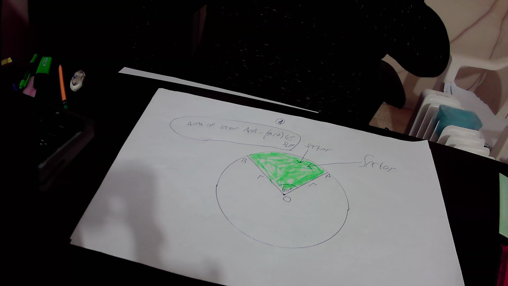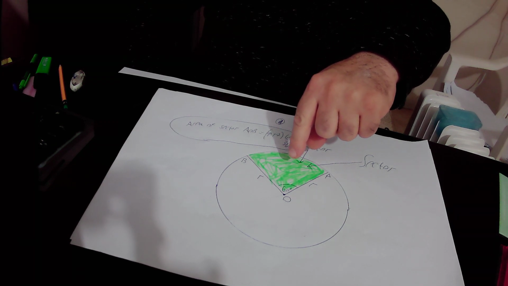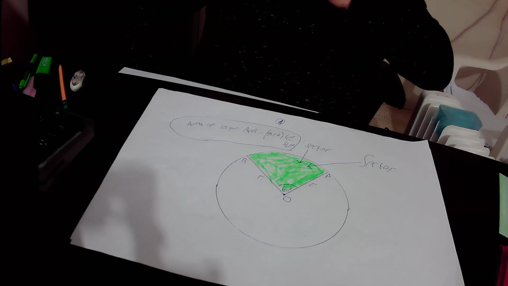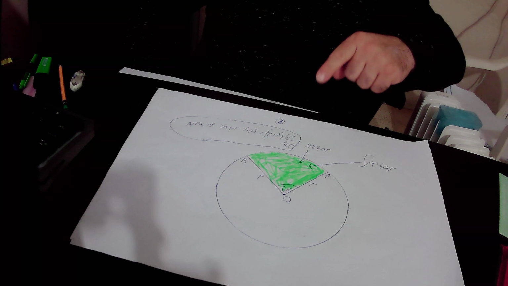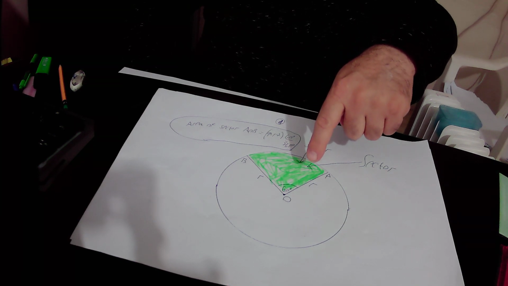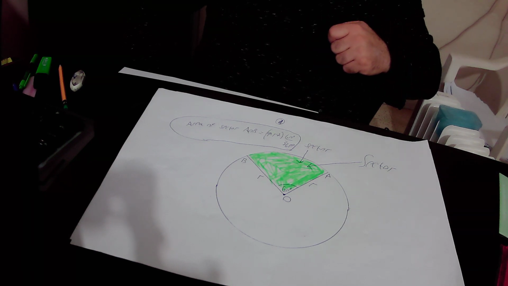and the formula for the area of this sector is pi r squared times the angle between those two radiuses over 360 degrees.